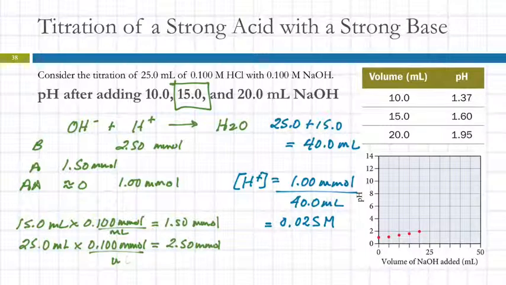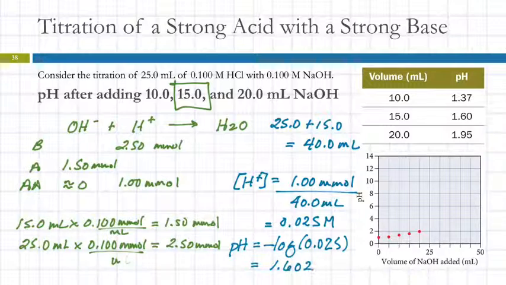So then there's our concentration. So then our pH is the negative log of that. 1.602. Which lines up nicely with what they've got up here. Any questions?